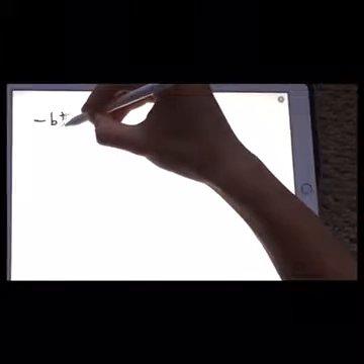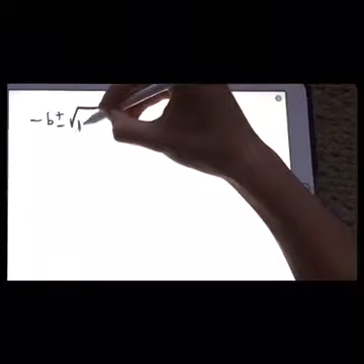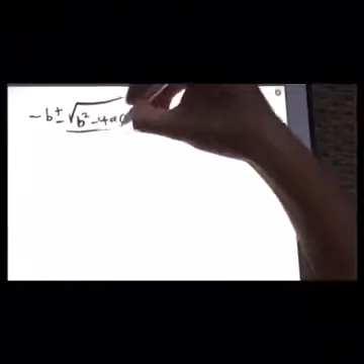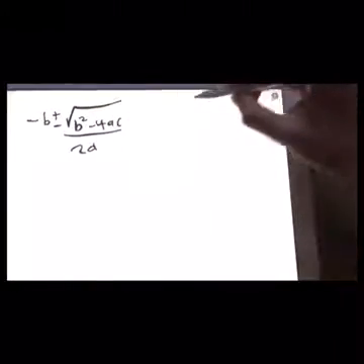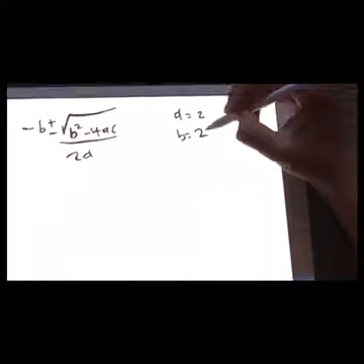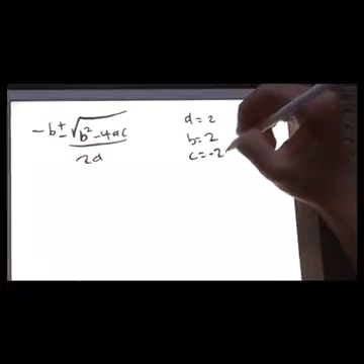So, opposite of b, plus or minus the square root of b squared minus 4 times a times c, divided by 2a. A equals 2, b equals 2, c equals negative 24.